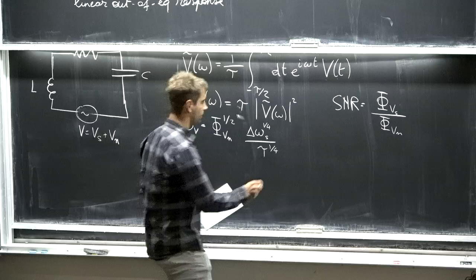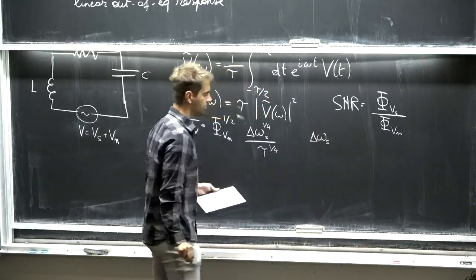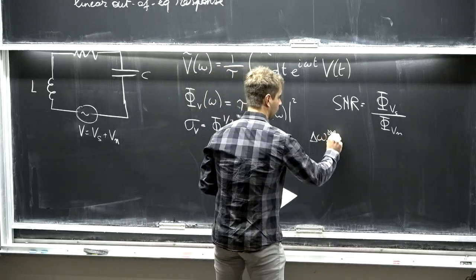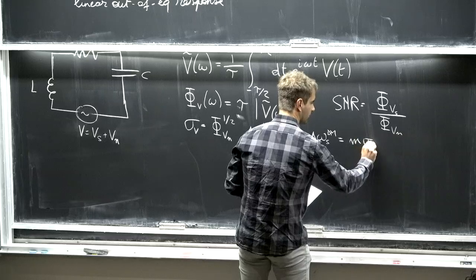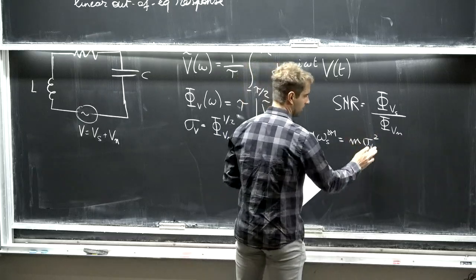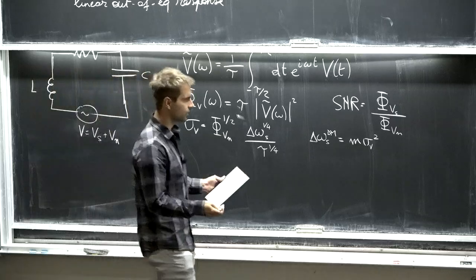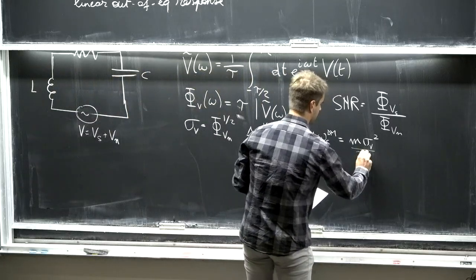And so just to remind you, the typical bandwidth, so the frequency width of a signal for dark matter would be the spread in kinetic energy, so m sigma v squared, where sigma v is 10 to the minus 3 c. It's the velocity dispersion of dark matter in our galaxy, over 2 pi.